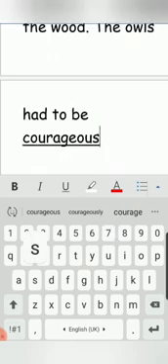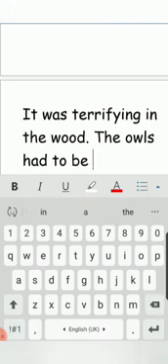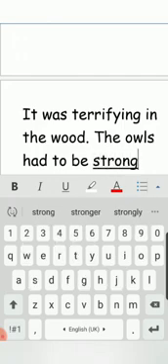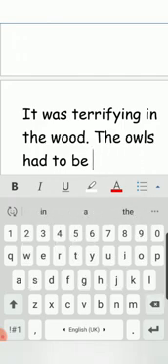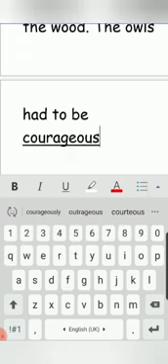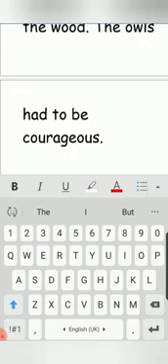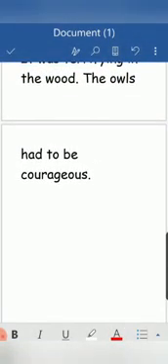Let's say that together. Courageous. Let's say it together again. Courageous does mean brave. Big word to use there. The owls had to be strong. Okay, let's go for courageous. I like that word. Courageous. Full stop. Okay, I'm going to stop there.